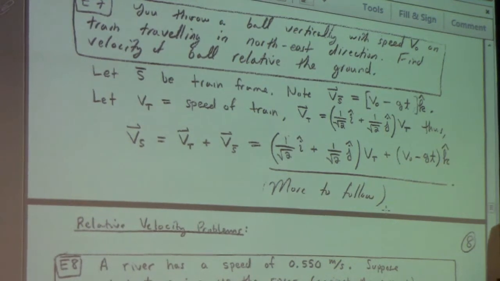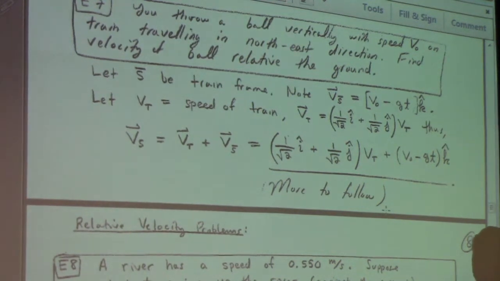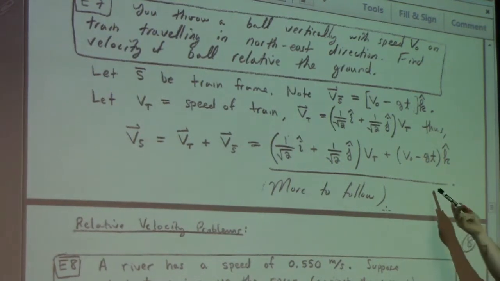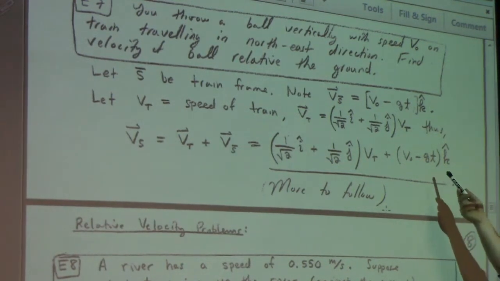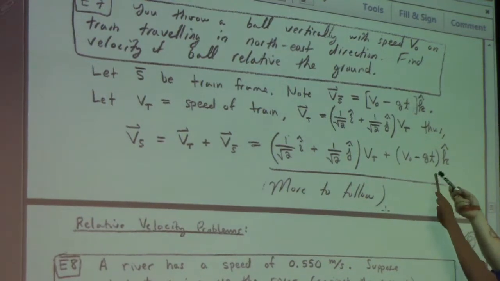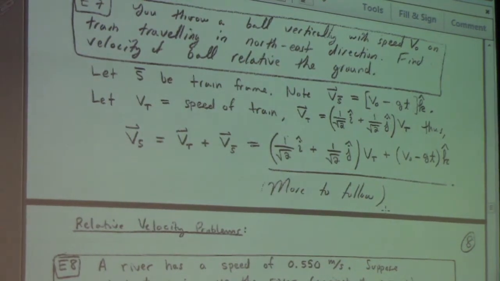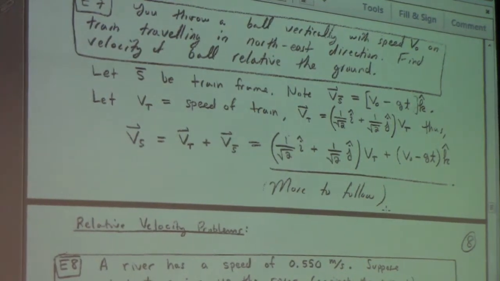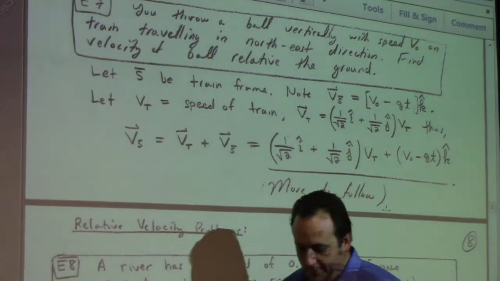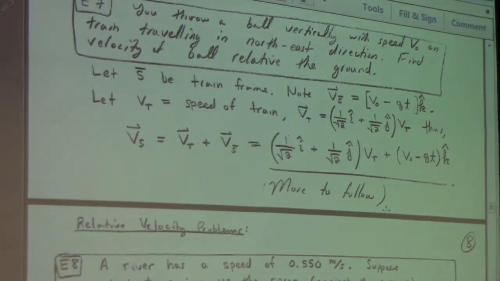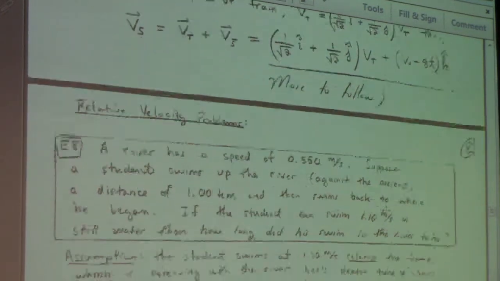I'm ignoring the wind blowing past it and everything like that. It just goes up and down, right? And how does it go up and down? v naught minus gt. That's it. So there you go, that would be the velocity relative to the ground. It's the velocity of the train plus the ordinary up-down gravitational velocity. Another example, these river problems.